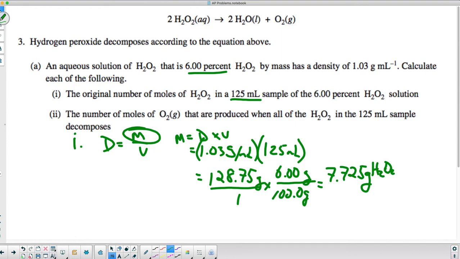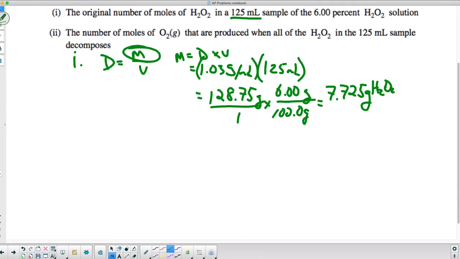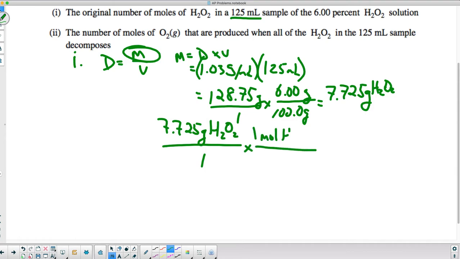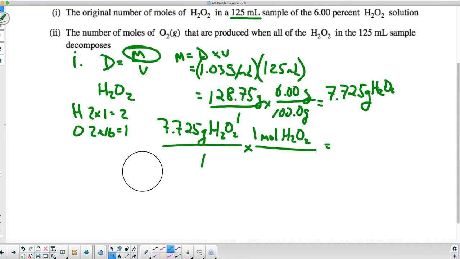Okay, I'm going to move down a little. I need a little bit more room for this. I'm going to take this number of grams, 7.725 grams of H2O2, and divide it. Remember, I'm looking for number of moles. So 1 mole of H2O2 equals, so let's see, H2O2 is H2O2, and 2 times 1 equals 2, 2 times 16 equals 32, which gives me 34 grams per mole.